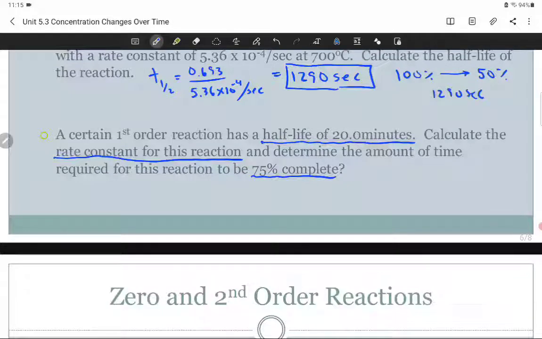So I'm going to show you a hard way first and then an easy way second. The reason we're going to do the hard way is because it actually asks to solve for rate constant here. So T1/2 is 20 minutes, and that equals 0.693 divided by K.